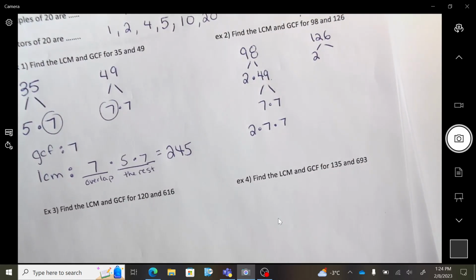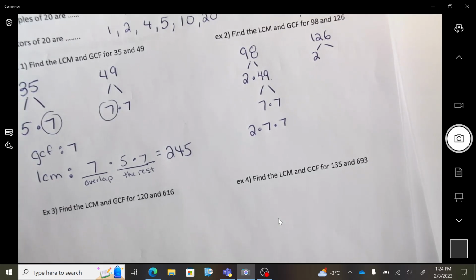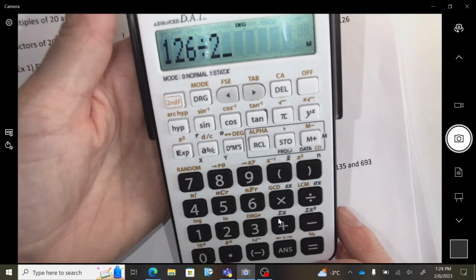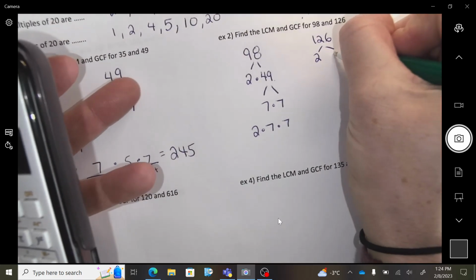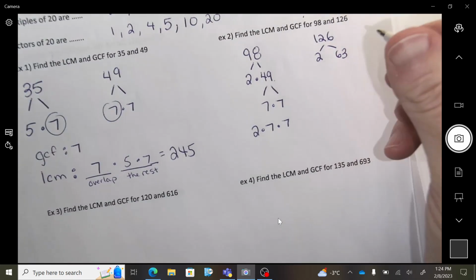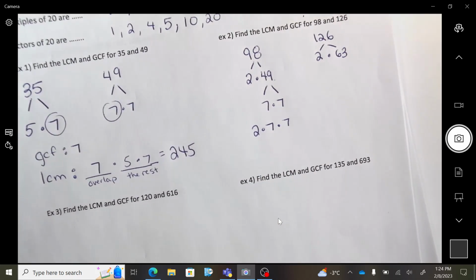126, I can tell that it's divisible by 2 because it's even, right? It ends with a 6. Okay, so 126 divided by 2 is 63. Can you divide 63 by 2? No, it's not even. Do you think it's divisible by 3? Yes, because 6 plus 3 is 9.